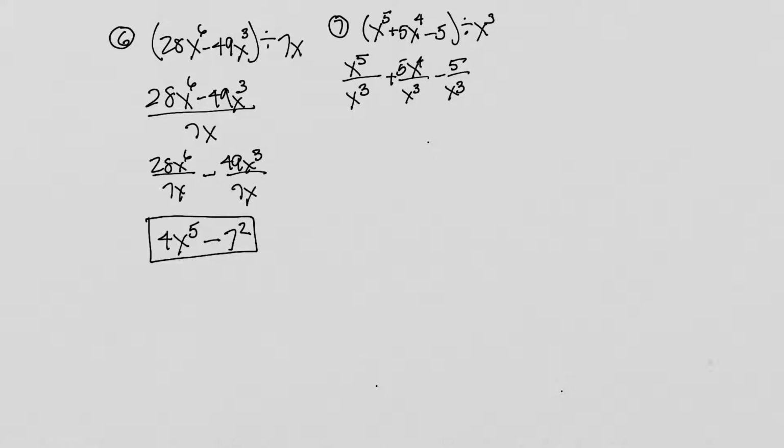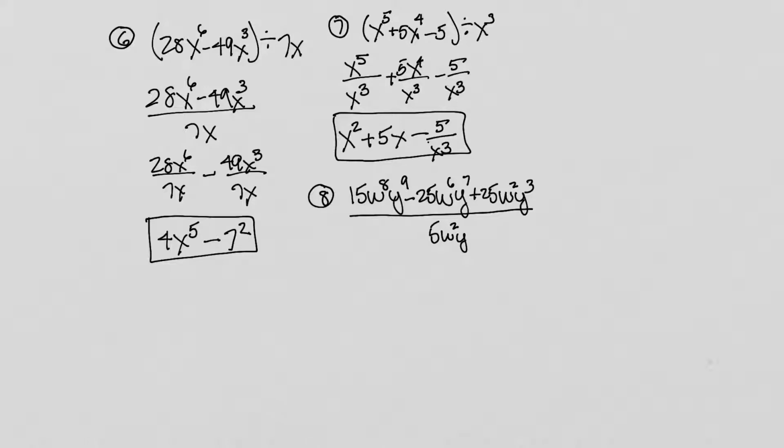And making the first division, x to the 5 minus 3, right, top exponent minus bottom, will give us x squared plus, now here we'll get 5, and then top exponent minus the bottom, 4 minus 3 is 1, so it's just an x, minus, now in this case, there's no x's up here, so we can't do anything here, right? These x's on the bottom are not going to cancel out with anything. So we just have to leave this term as it is, minus 5 over x cubed. That's just the best we can do with it.